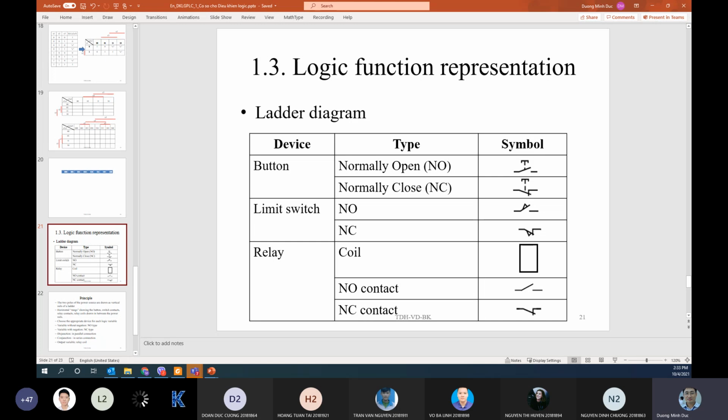So in order to present a logical function, people use a ladder diagram, and the main component of the ladder diagram is a relay. I will introduce to you the ladder diagram that was used to present logical functions a long time ago, before we had some kind of chip, some kind of PLC.